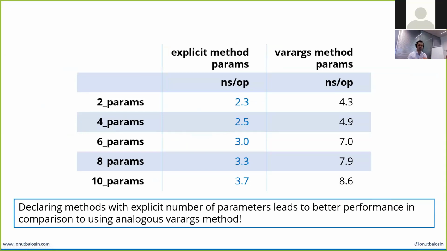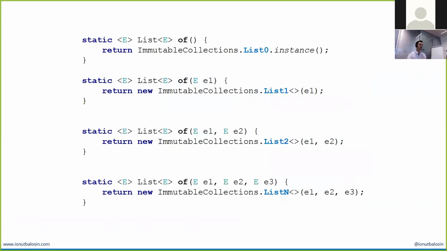And if we zoom in even further inside the of methods, we have of(E1) with 1 parameter, 2 parameters, 3 parameters, and we can see specific wrappers: List0, List1, List2, ListN.